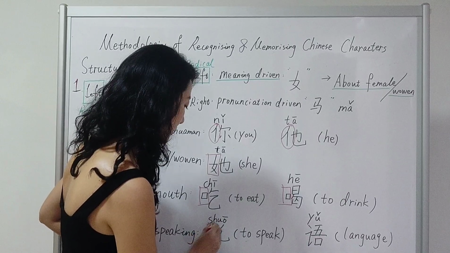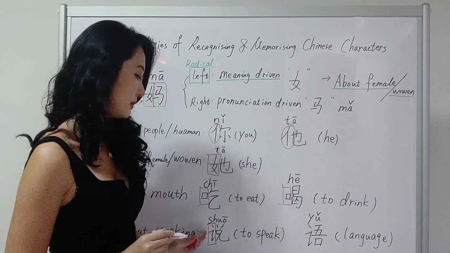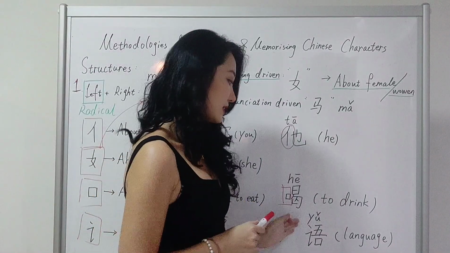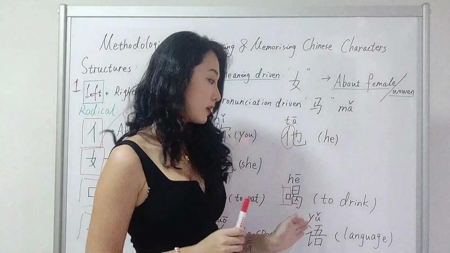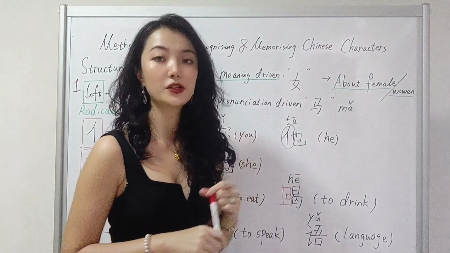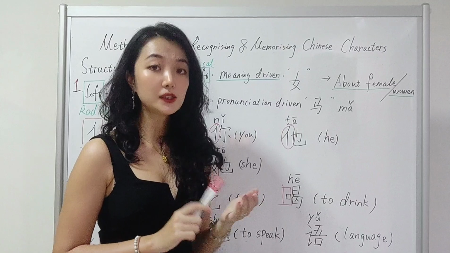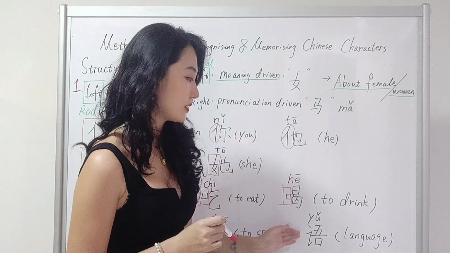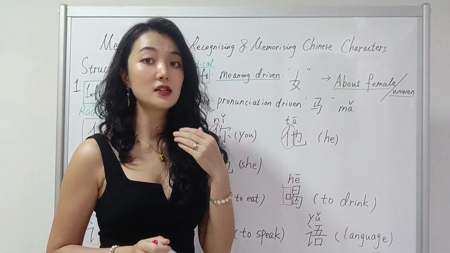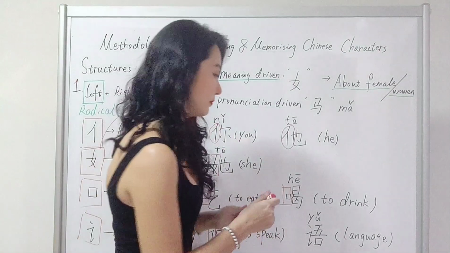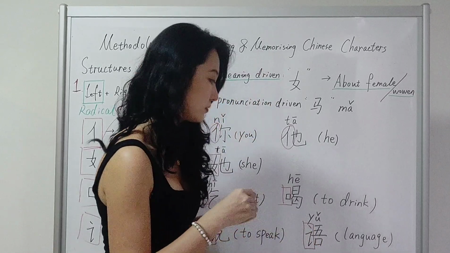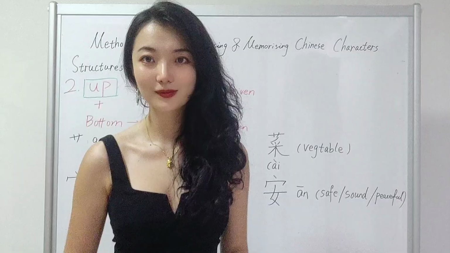And we can tell the meaning from this radical. Speaking related. Next one, this character we have learned last time. When we learned 汉语, 英语, we mentioned this character. It means language. So language is to be spoken. So this character is also with the speaking related radical.